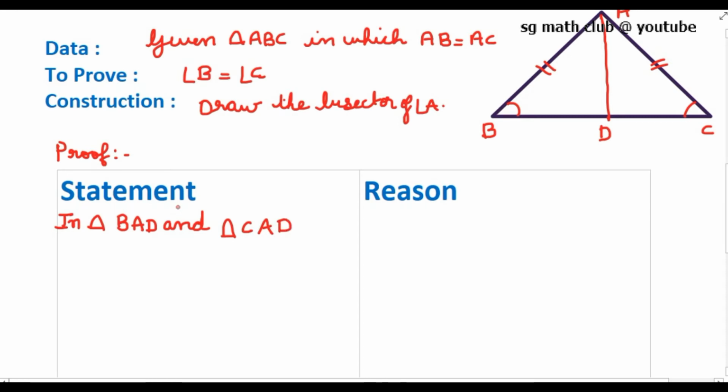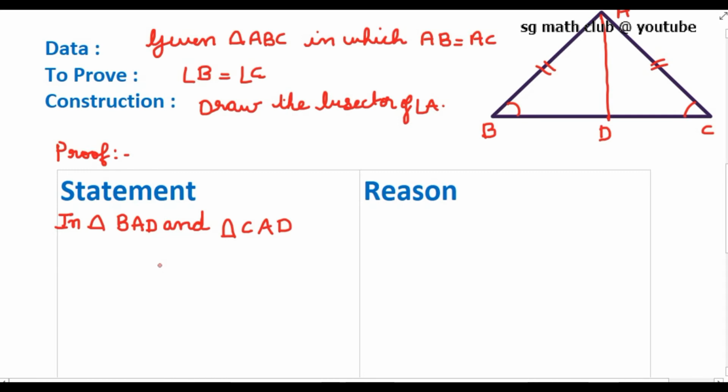These are the triangles we are going to consider, and we are going to prove this property of the triangle by using the congruence rules that you have already studied. You have already studied SAS congruence rule, SSS congruence rule, ASA congruence rule, RHS congruence rule, and also AAS congruence rule.